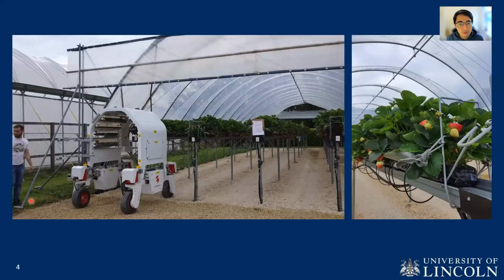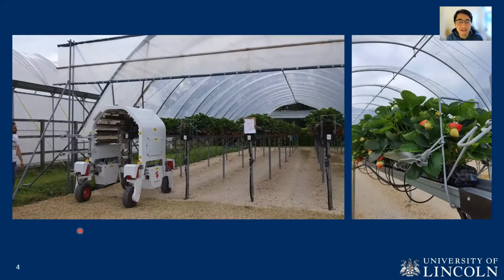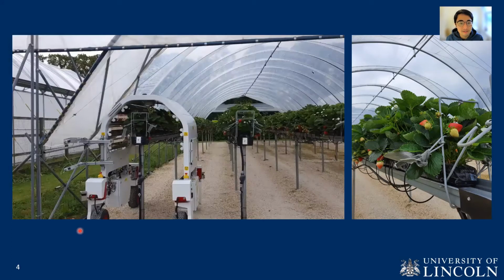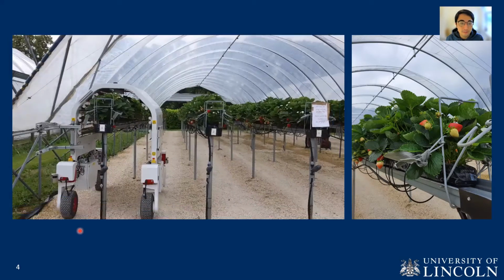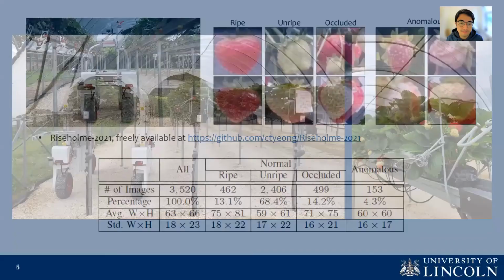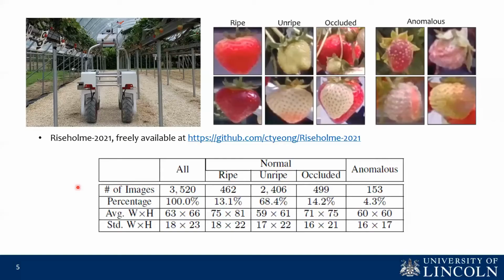For building such robots, my colleagues and I collected the strawberry images from the research farm at the University of Lincoln. We are planning to use deep learning to train a visual detector with many examples of normal and anomalous strawberries. Here is the table showing the number of images for each category we gathered.